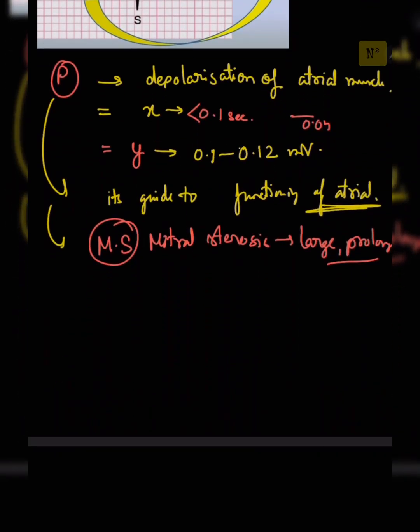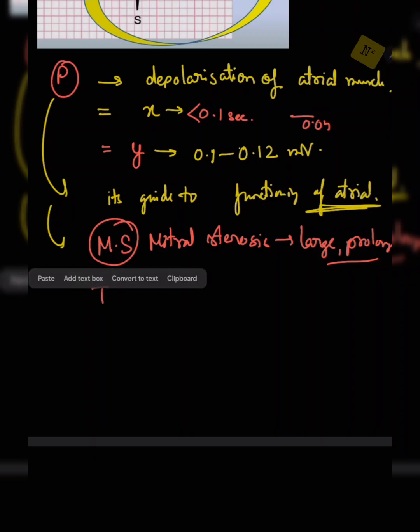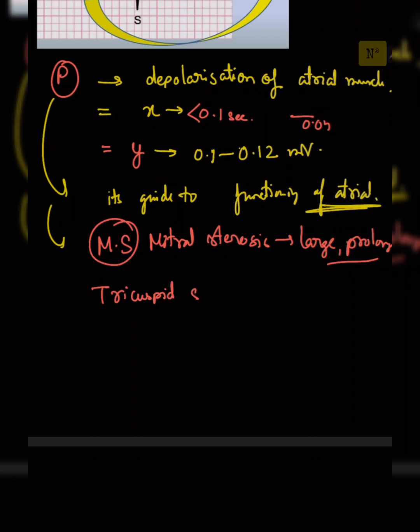We also get an abnormal P wave in tricuspid stenosis, where we will get tall P waves. Then we sometimes get P waves having fine irregular oscillations.